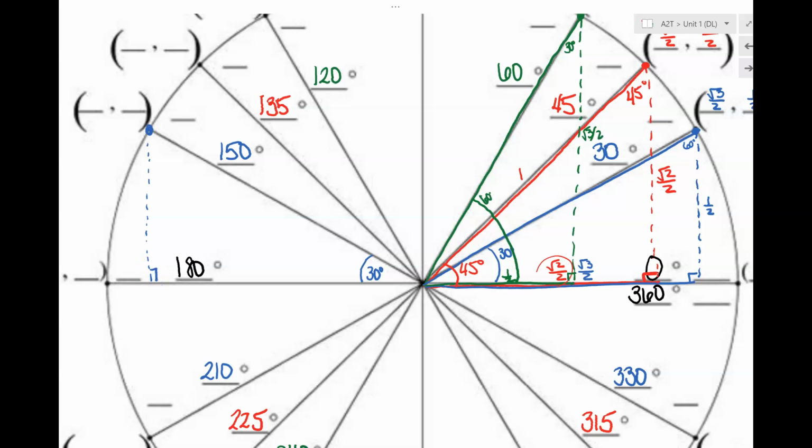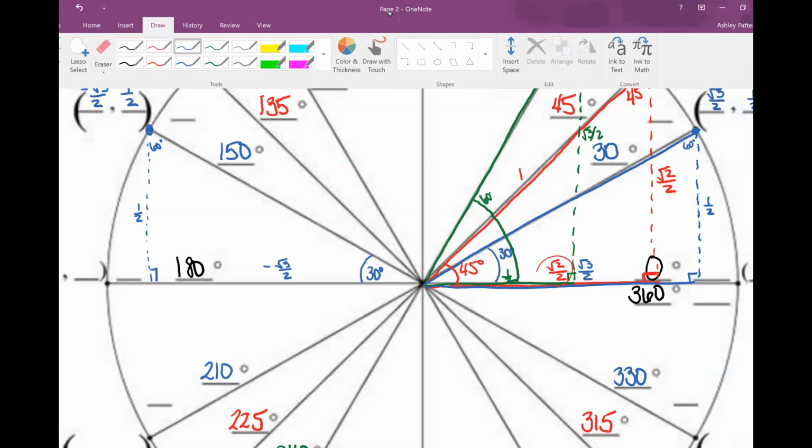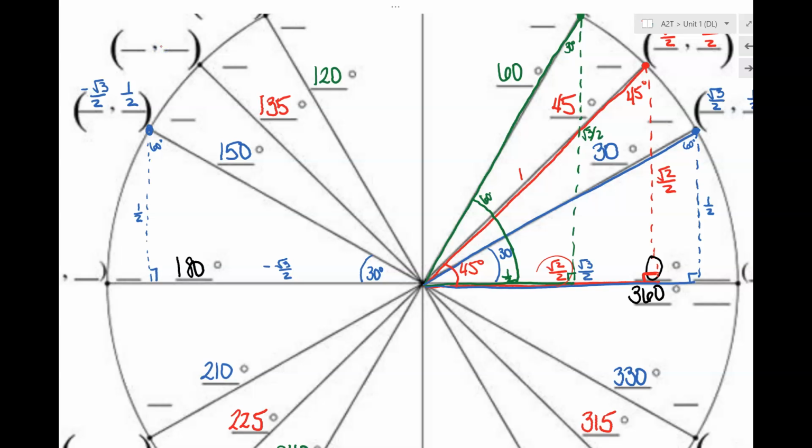So across from 30 is 1/2. Across from 60 is rad 3/2, but we are in the second quadrant, so I would travel a negative rad 3/2 units on the x-axis, and I would go up a positive 1/2 unit. That's all because of our special right triangle relationships.